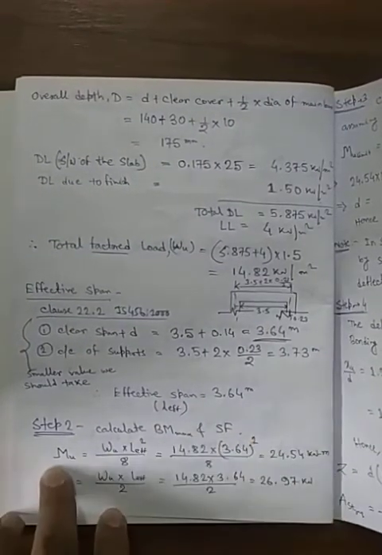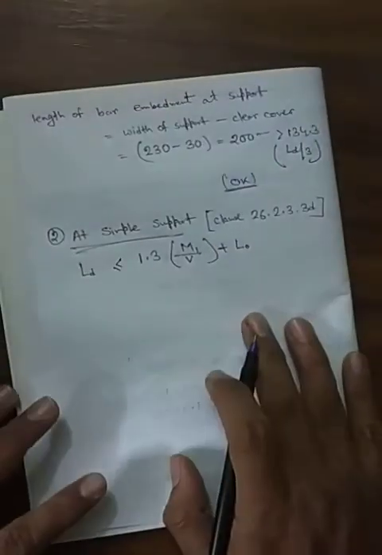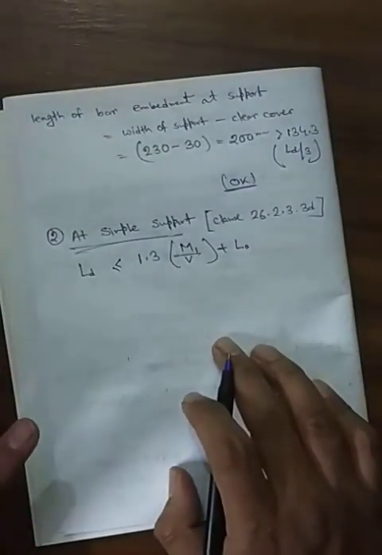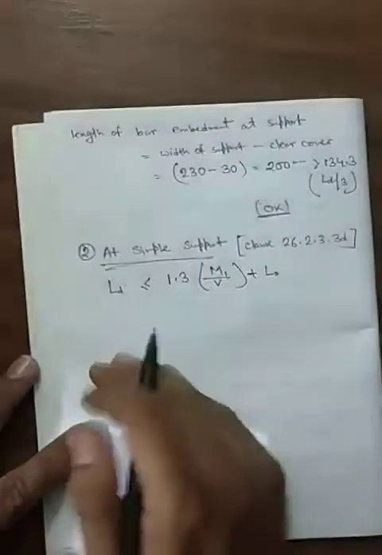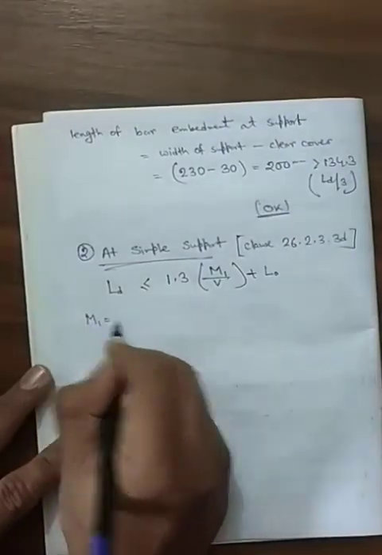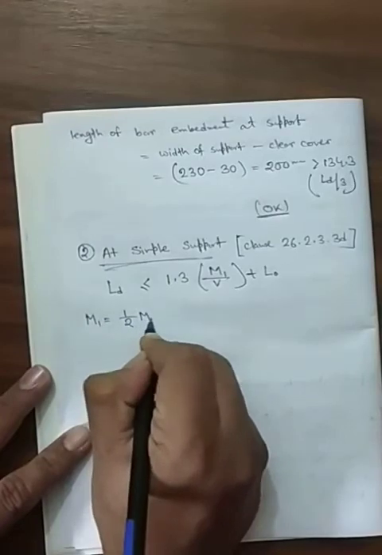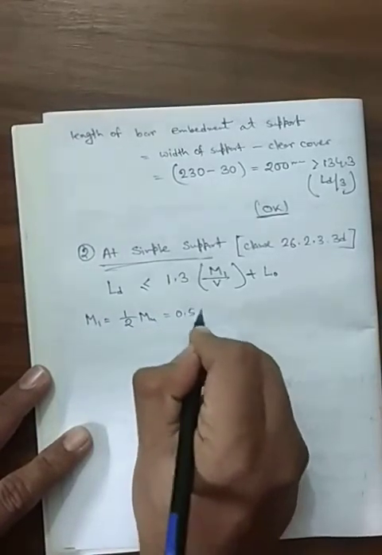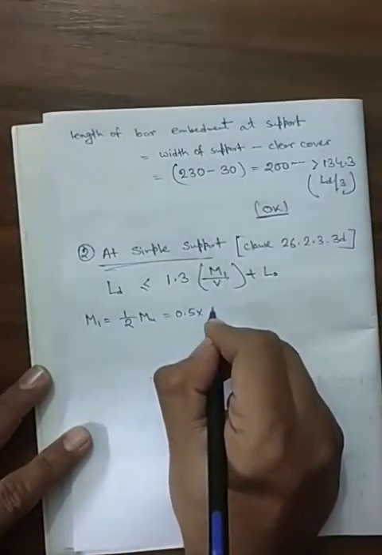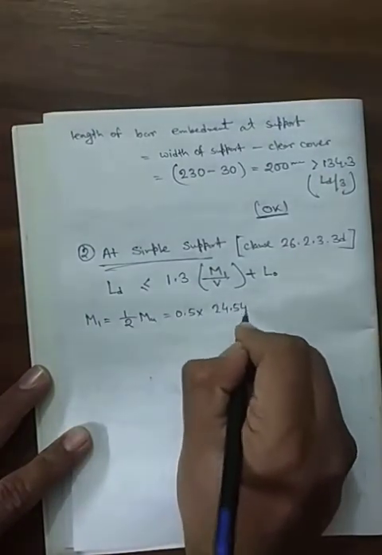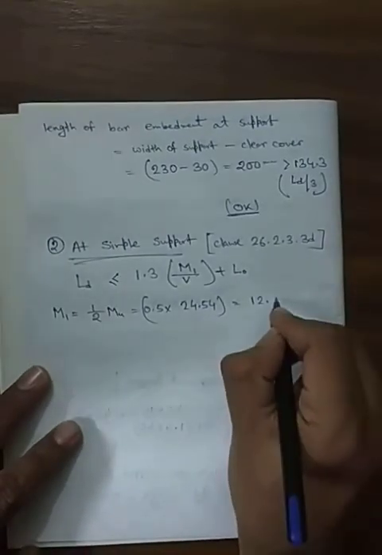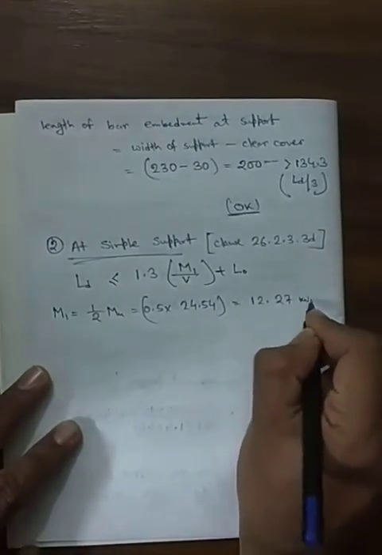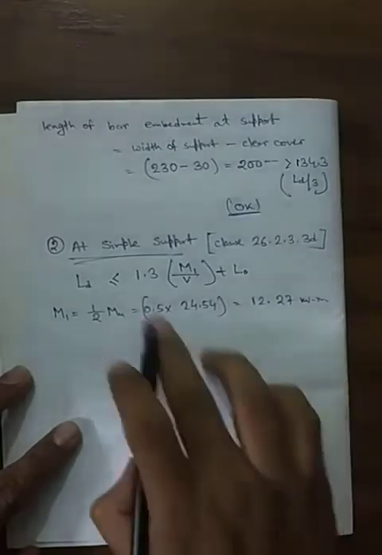As the alternate bars are bent up at the support, we can take the moment of resistance as half of the span moment. So M1 is 0.5 into 24.54, which is 12.27 kilonewton meter.